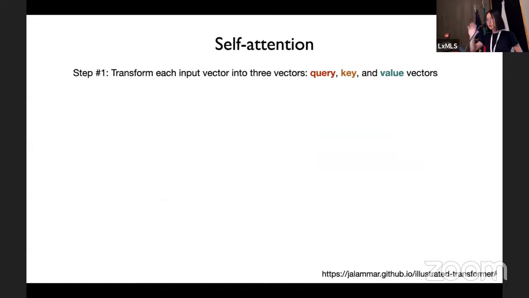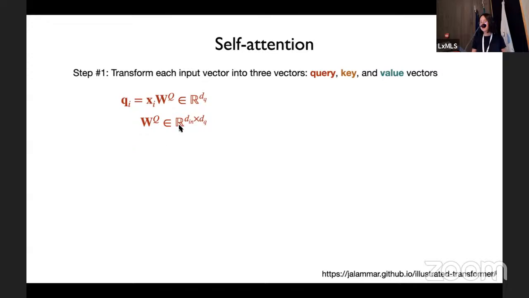So let's walk through how the attention works and then see how this works in self-attention. Step one is to take this sequence of vectors and transform each input vector into three vectors: query, key, and value. First, take the input vector xi, which represents the input at each single time step, and multiply it by the weight matrix Wq.